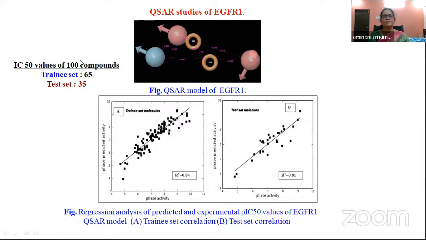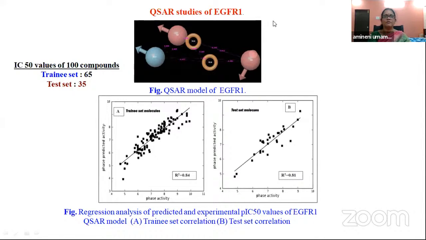Based on this, the IC50 values will be converted, we can do the regression analysis, and finally we can generate a QSAR model. In this QSAR or pharmacophore model, we will have R meaning ring, D meaning hydrogen bond donors, A meaning hydrogen bond acceptors, N meaning negatively charged, like that.